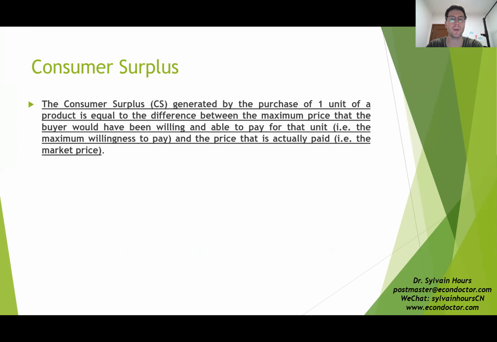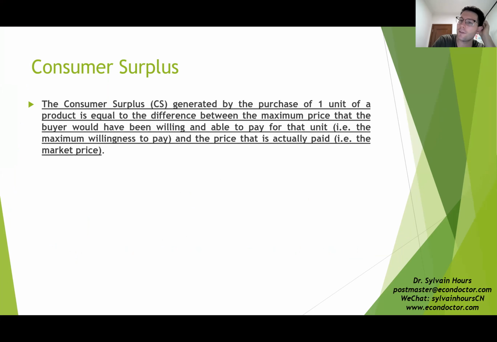Consumer surplus is just the difference between the maximum price we are willing to pay for a product, which we call the maximum willingness to pay, and the price that we actually pay, the market price.